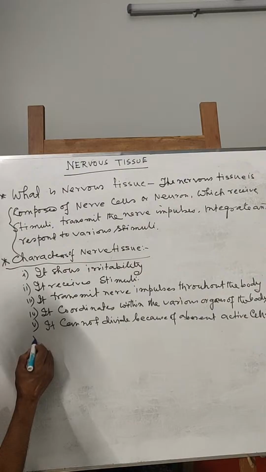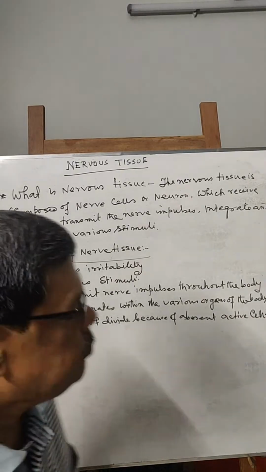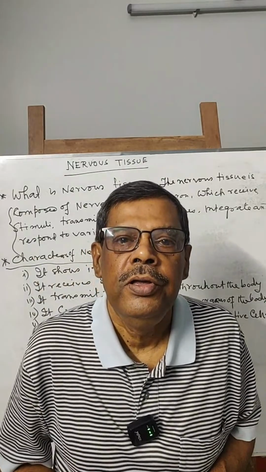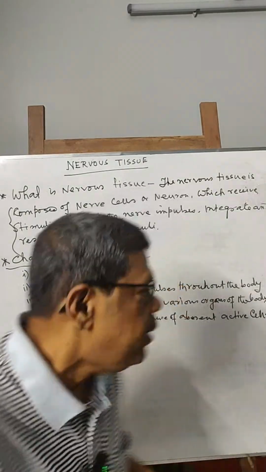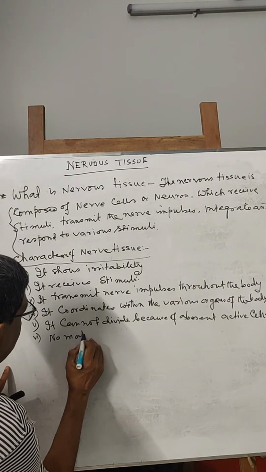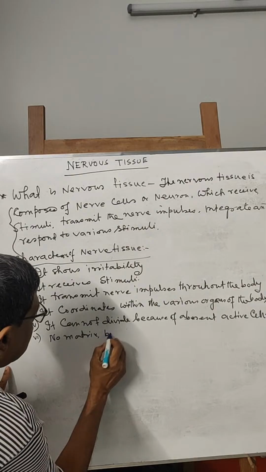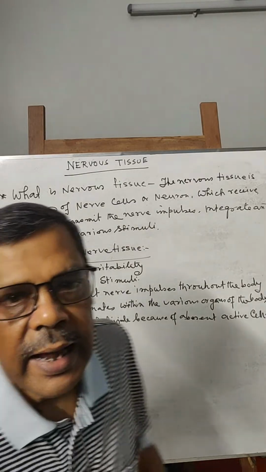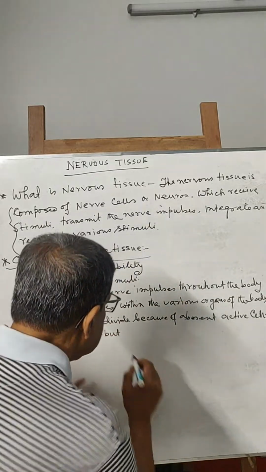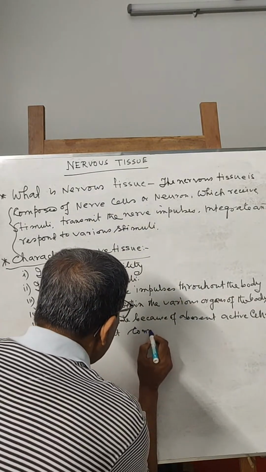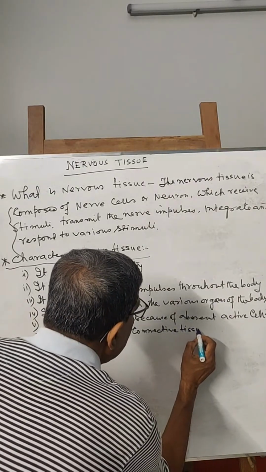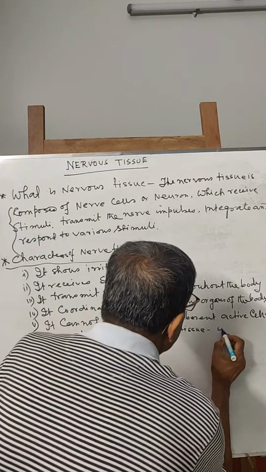Number 6, there is no matrix in nerve tissue, but connective tissue is present.